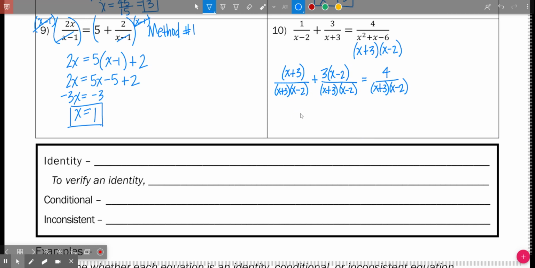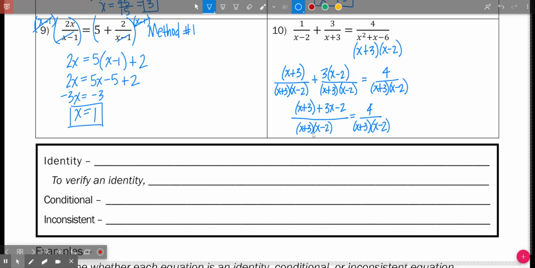When I combine over the same denominator, I have x plus 3 plus 3x minus 2 over x plus 3 times x minus 2 equals 4 over x plus 3 times x minus 2.